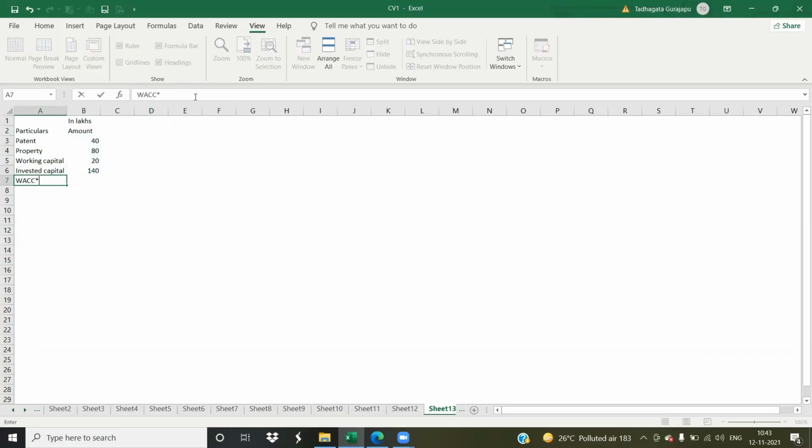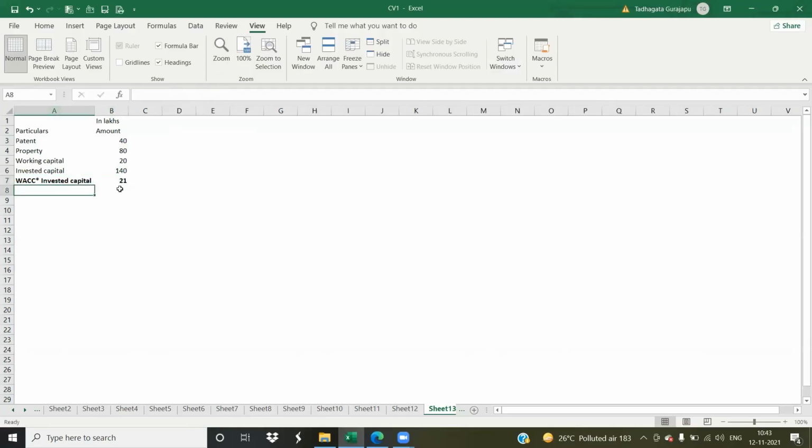WACC into invested capital equals this into what is WACC? 0.15, that is 15%. Next, NOPAT.